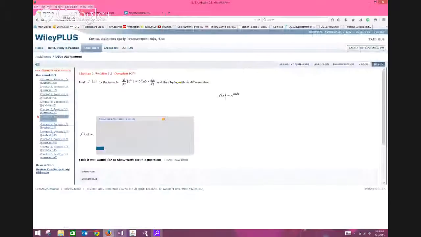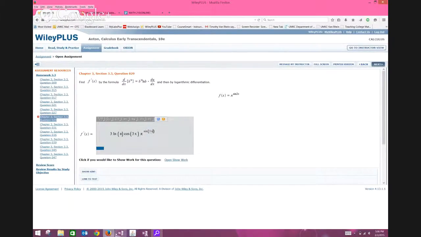Going here, we have 3 ln of pi times cosine of 3x times pi to the sine of 3x.